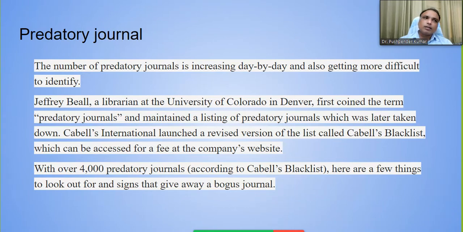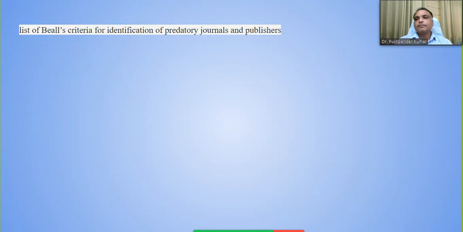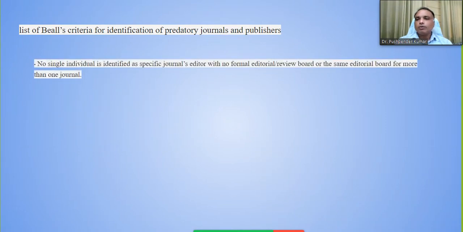So approximately they identified more than 4,000 journals. And here you can see a list of Beall's criteria for identification of predatory journals. Now the question arises, when we have so many predatory journals, how can we identify that a journal is predatory, duplicate or bogus?